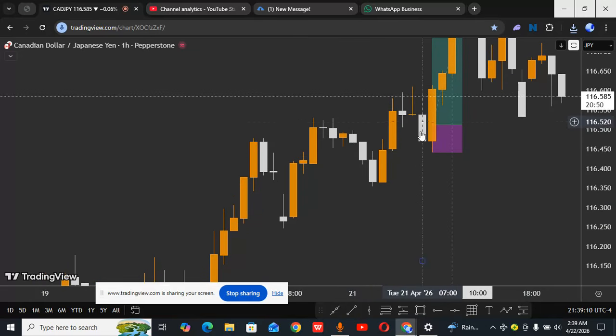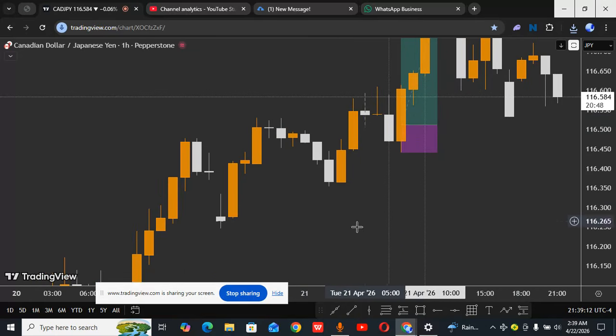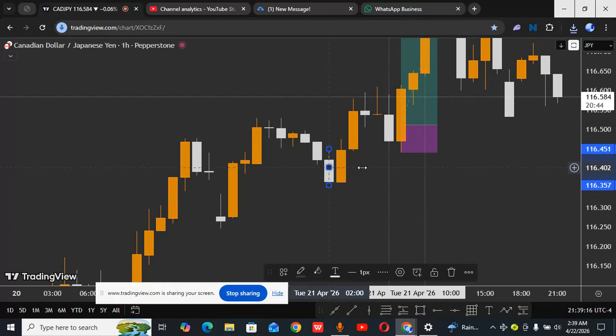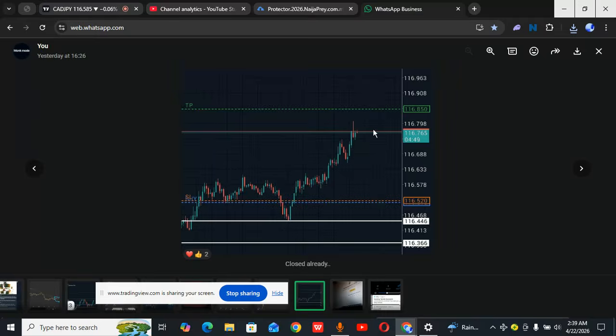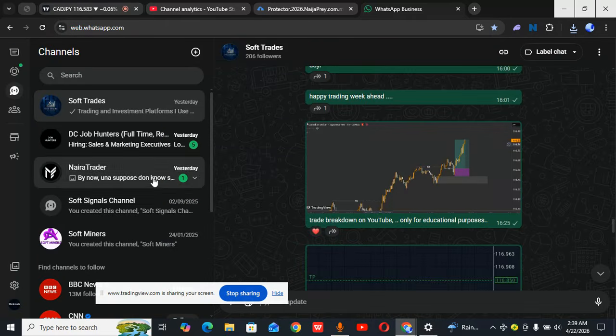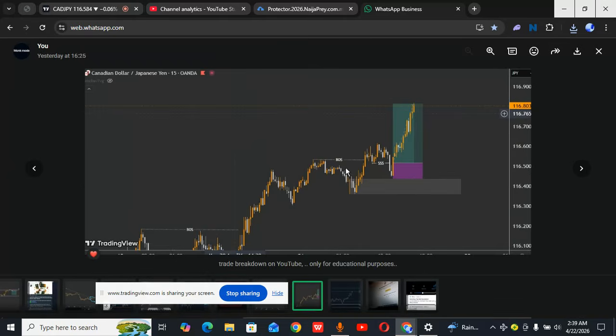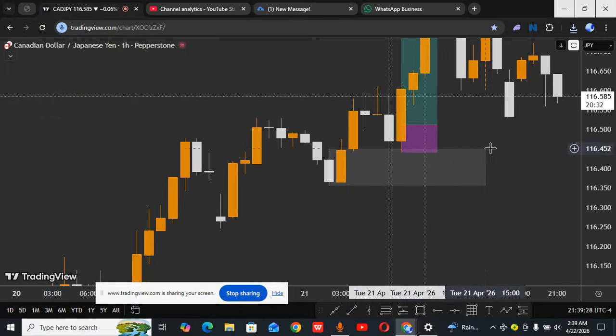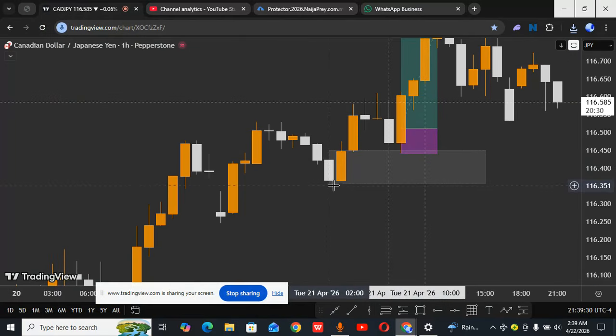So when price got to this 7 a.m. New York time, this was the nearest demand zone. If you take a look at this, this was the demand zone over here. Let's head back to the chart. So first of all, mark this out.